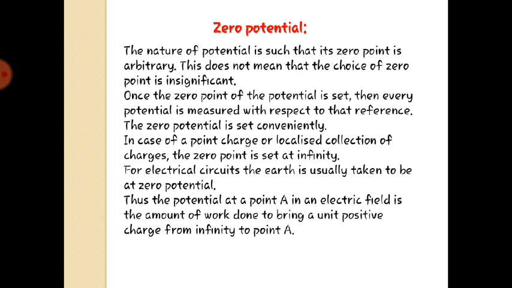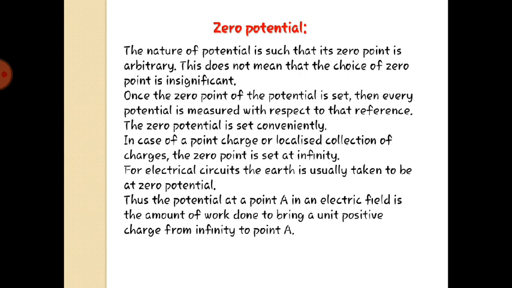In case of point charges or a localized collection of charges, the zero point is set at infinity. That's what I am saying. It is very far away from the origin point, so it should be at infinity. For electrical circuits, the earth is usually taken to be zero potential. The concept of earthing, the concept of grounding.